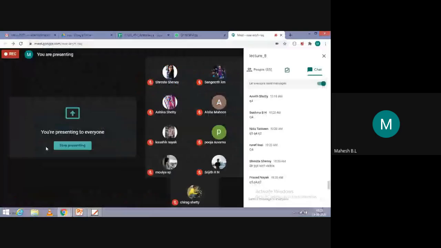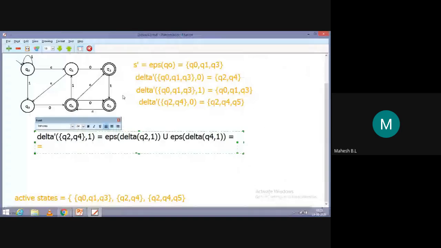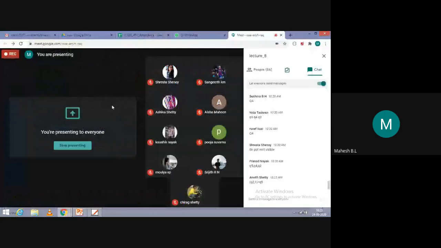What is delta of Q2 comma 1? Delta of Q2 comma 1 is nothing but Q5. What is epsilon of Q5?